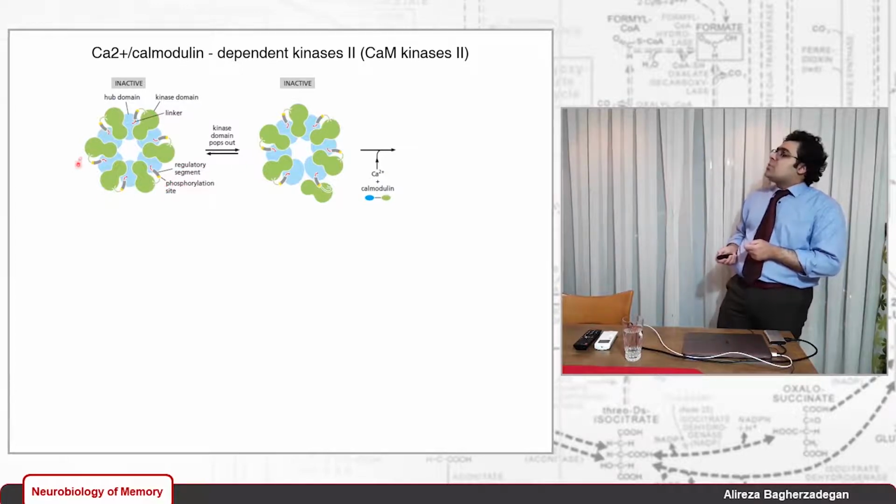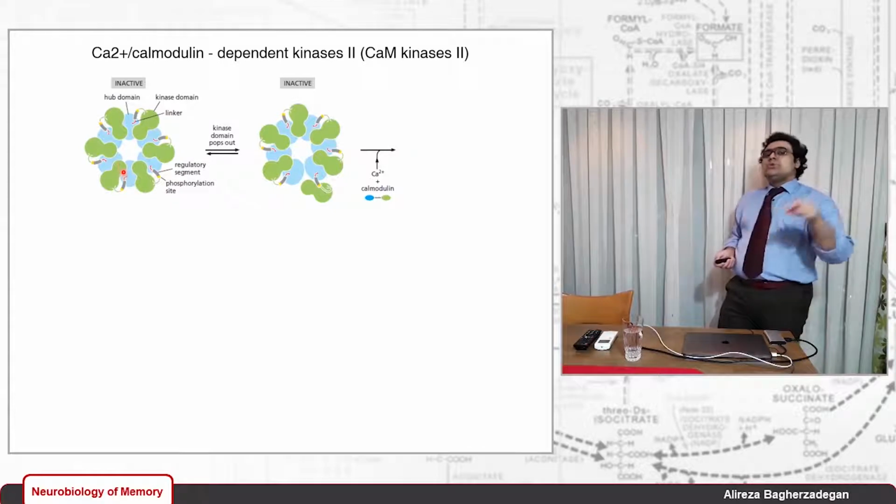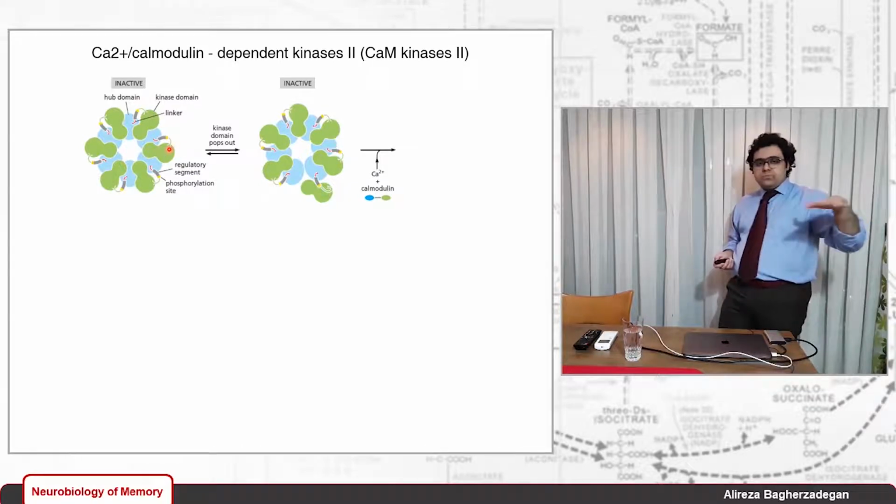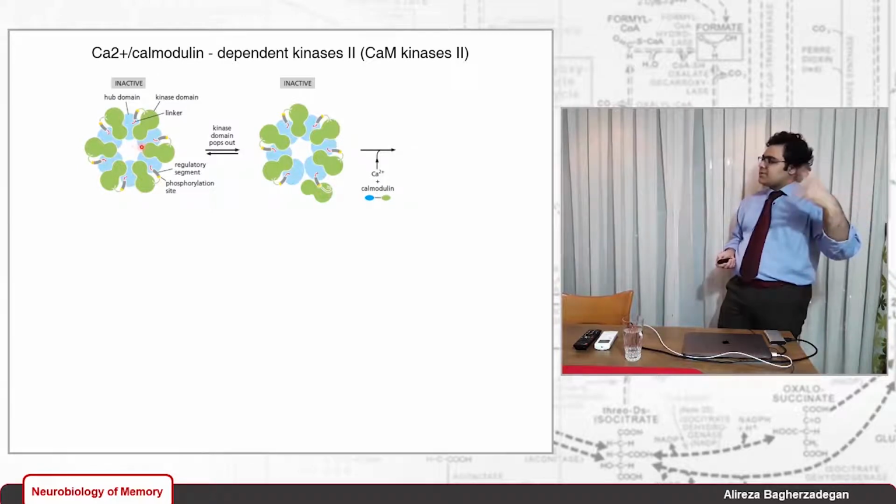Okay, so when CaM-kinase II, as I told you, is in the inactive state, it is at equilibrium between two forms.